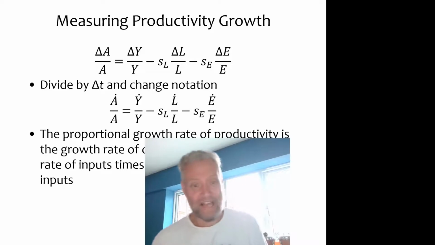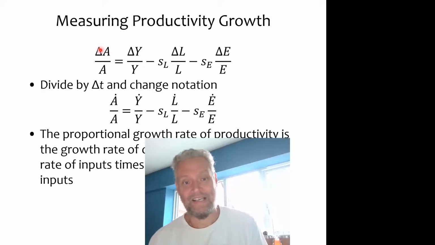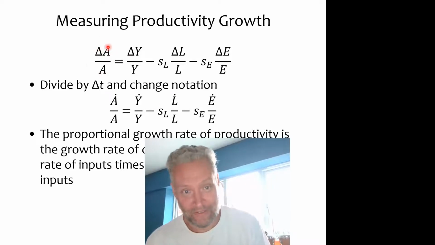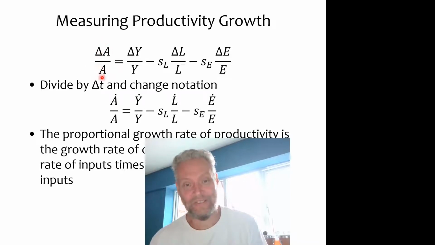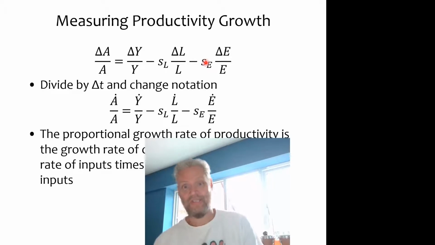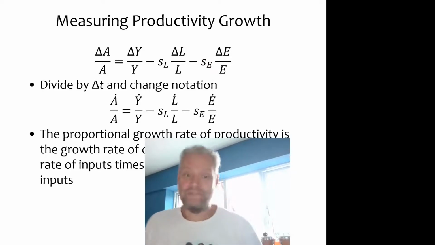So the relative change in technology, in total factor productivity, is the relative change in the economy minus the relative change in labor inputs times the cost share of labor minus the relative change in environmental inputs times the cost share of the environment.